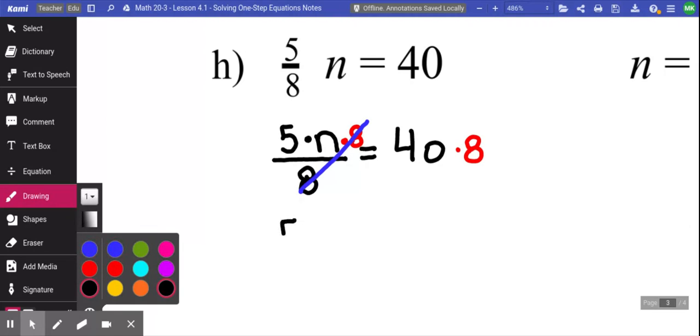And I have 5n equals 40 times 8 is 320. I'll give you a second to write that down and to ask if that makes sense. Notice how I moved the 8 over by multiplying. And now I still have that 5, right? So how can I move the 5 to the other side?